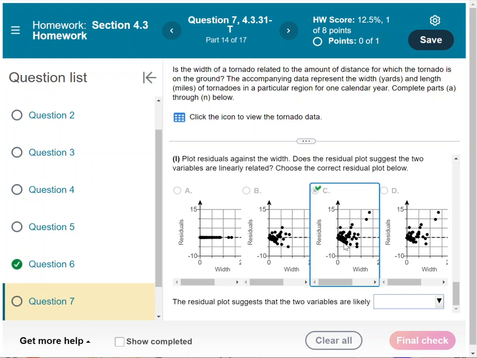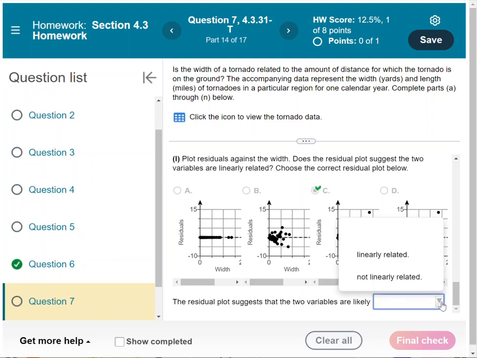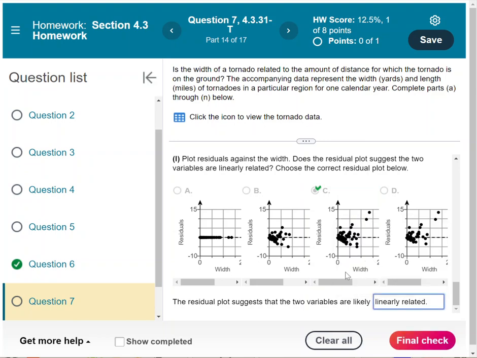Don't really have any discernible pattern here. And so because there's no particular pattern here, when we plot the residuals, we would say that they're likely linearly related.